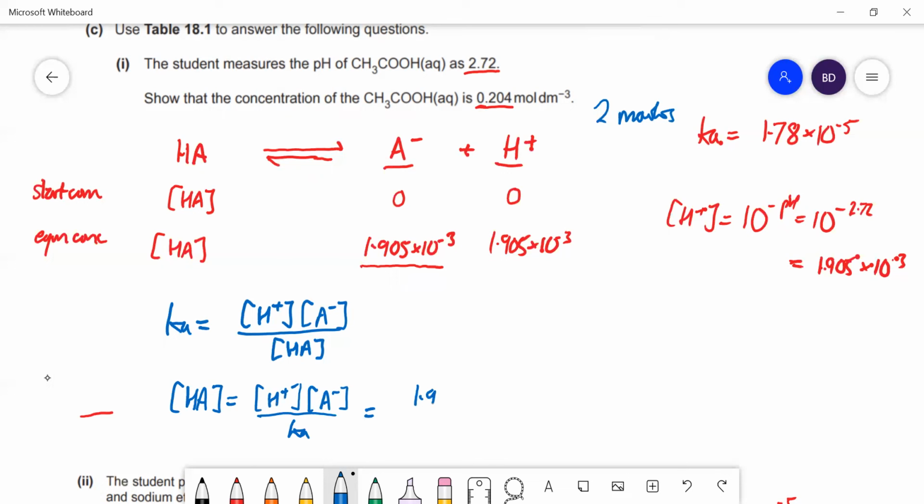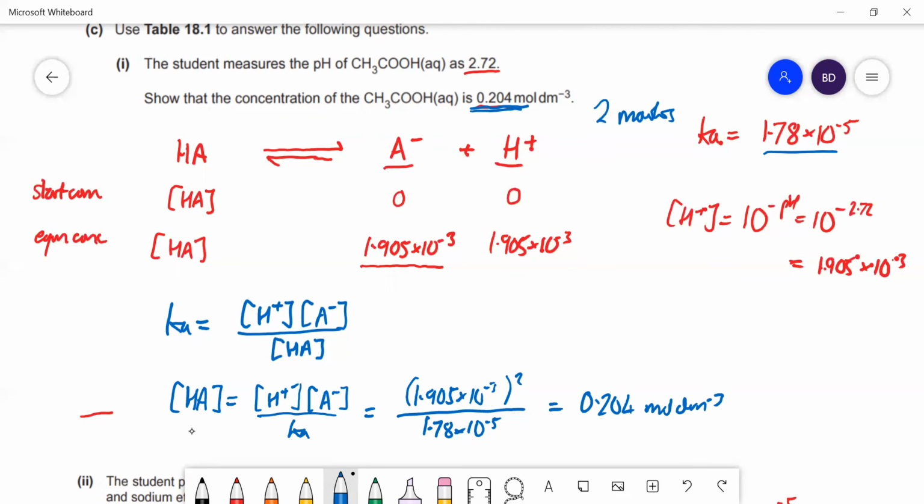So that's 1.905 times 10 to the minus 3 all squared, divided by Ka, which is that. And that works out to be 0.204 mol per dm cubed. So we've proven what we're supposed to prove, that is the concentration of that.